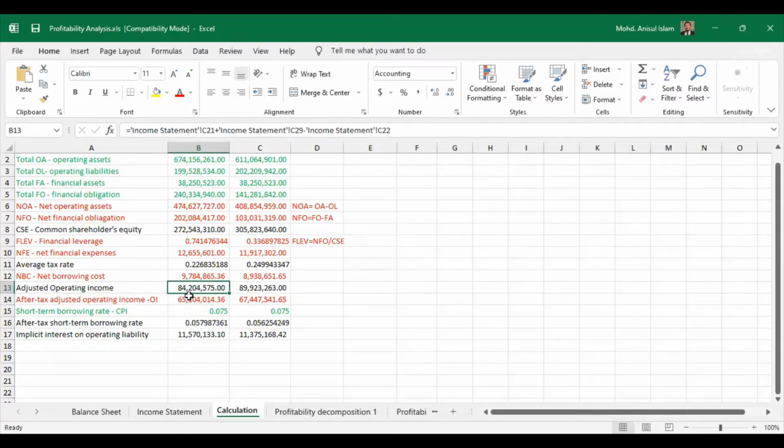The next issue I'd like to ask you about: we make a credit sale. When we make a credit sale, we generate accounts receivable. And when we make a credit purchase, we incur accounts payable, right?